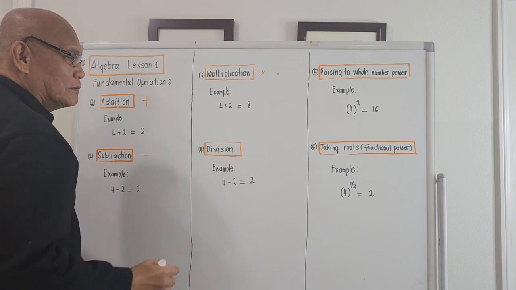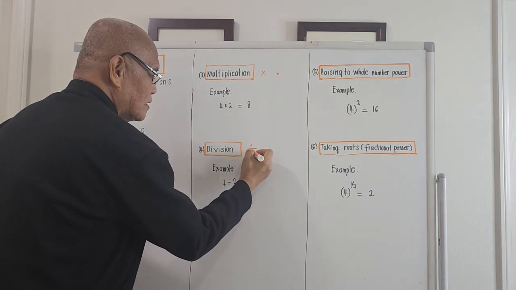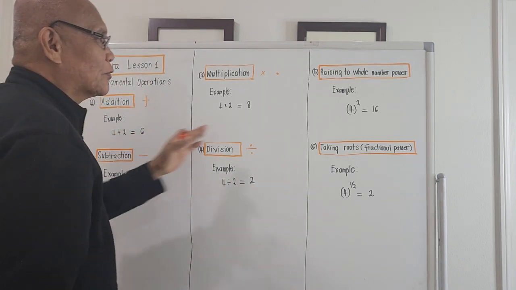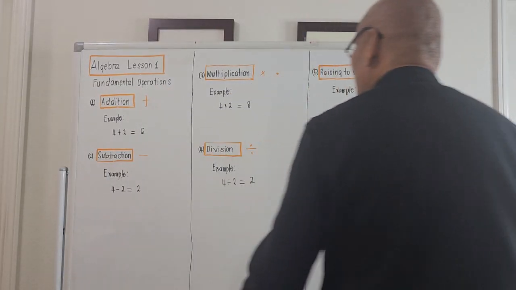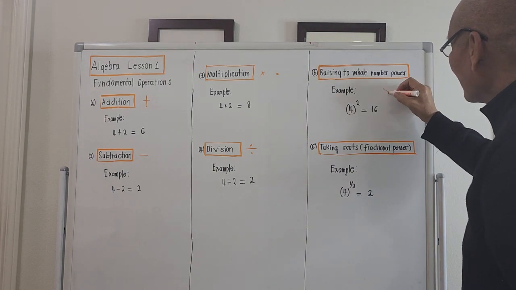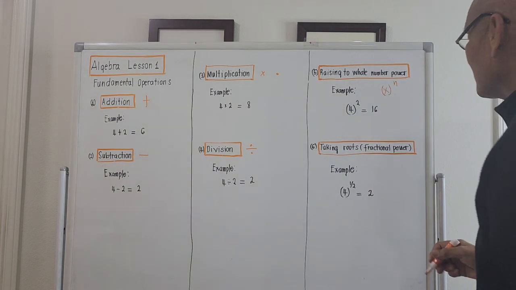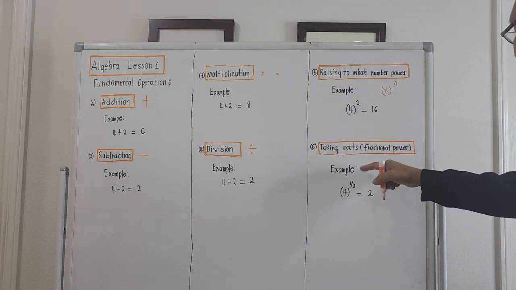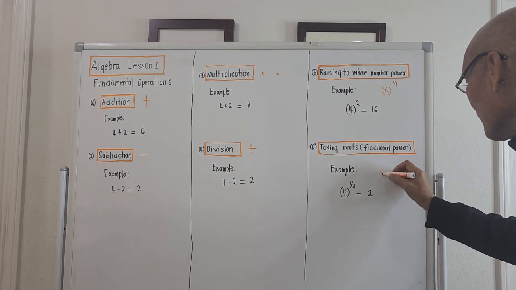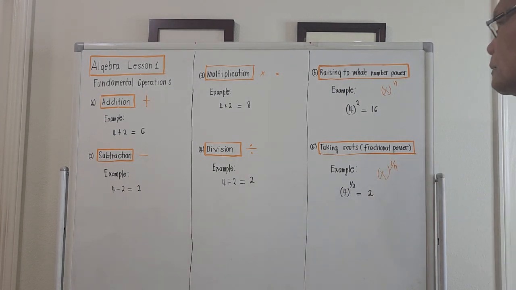And for division, it could be something like this. And for raising to powers, it will be x raised to n, something like that. And for taking the root, it will be x raised to 1 over n maybe.